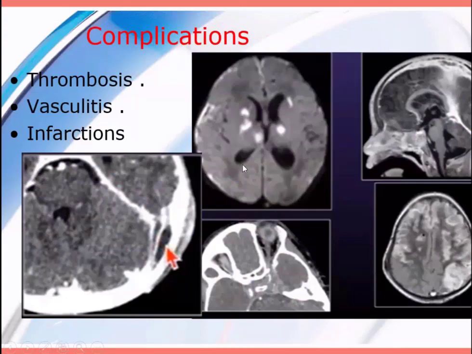The complications are important. Why? Because they are common. When you have severe infection in the brain, you may have cerebral venous sinus thrombosis, like this one and this one. And also you may have infarctions. Why infarctions?